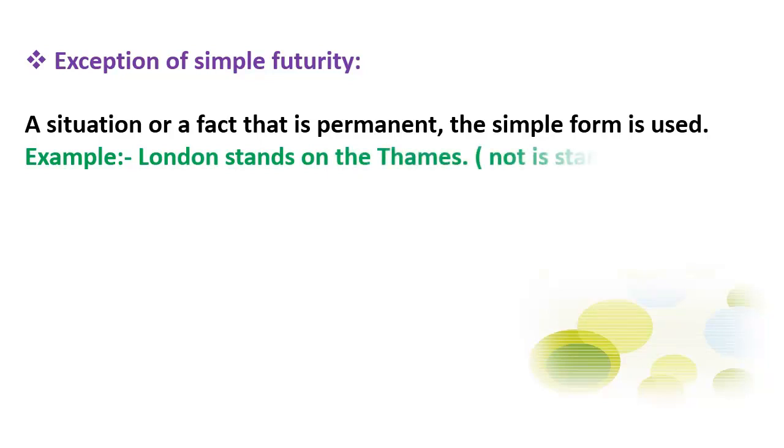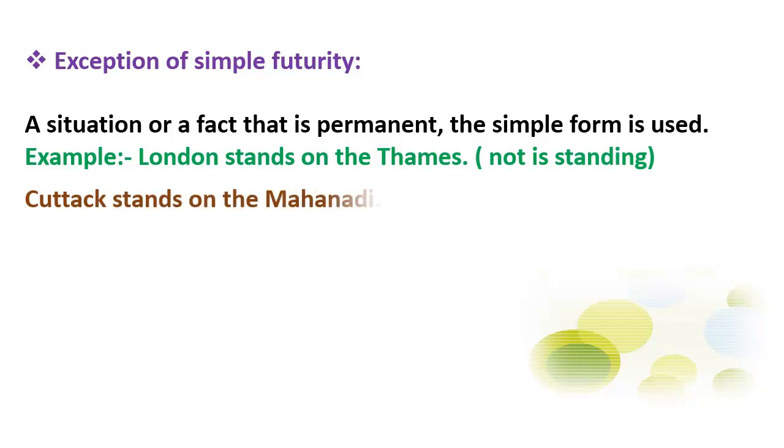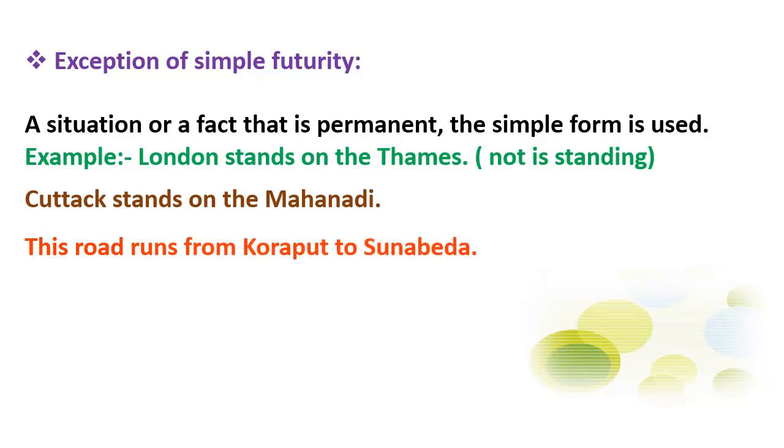Nobody can change it. We cannot change the Thames to any other place. You cannot say London stands on any other river. So London stands on the Thames means London stands on the Thames. So it is permanent. That is why I cannot say London is standing. It is wrong.